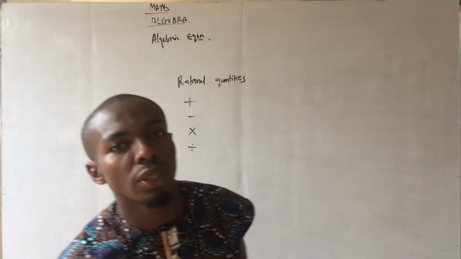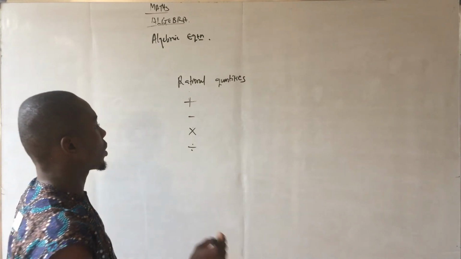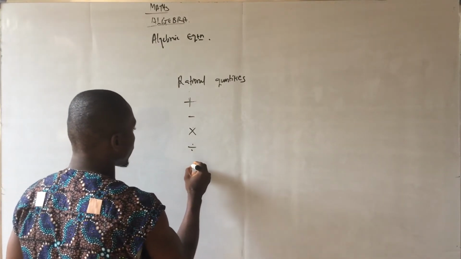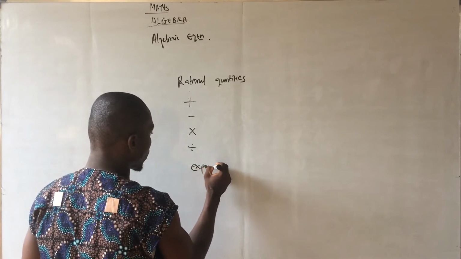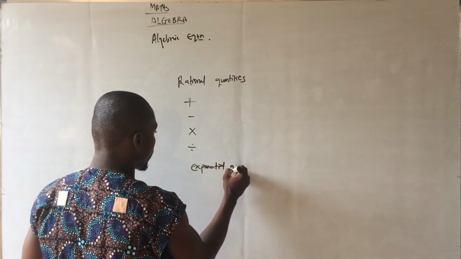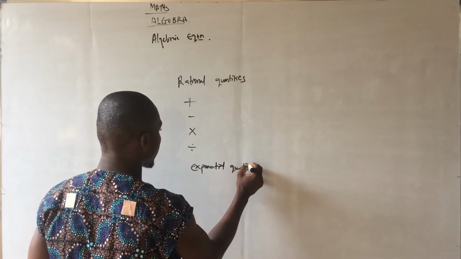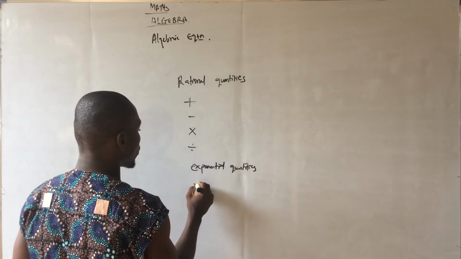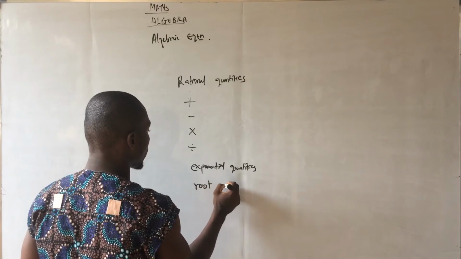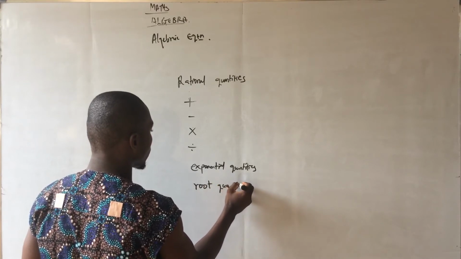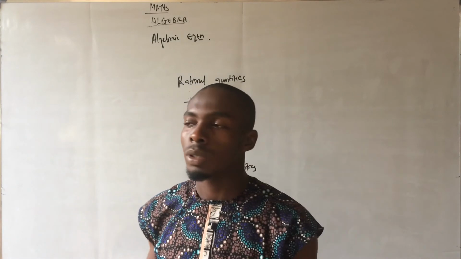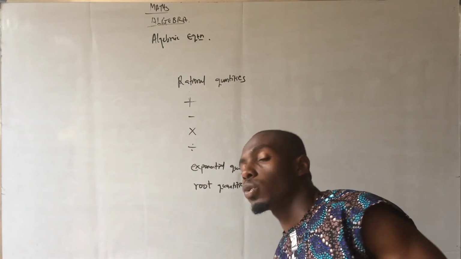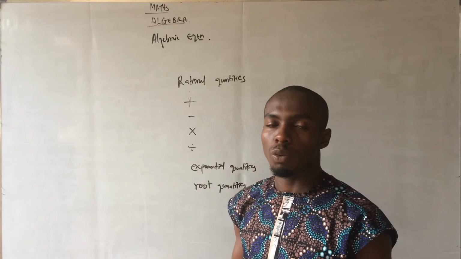Now the next one we need is the exponential quantities, like to the power 2. And the next one is the roots. So far as I know, these are the things we use in algebraic equation.